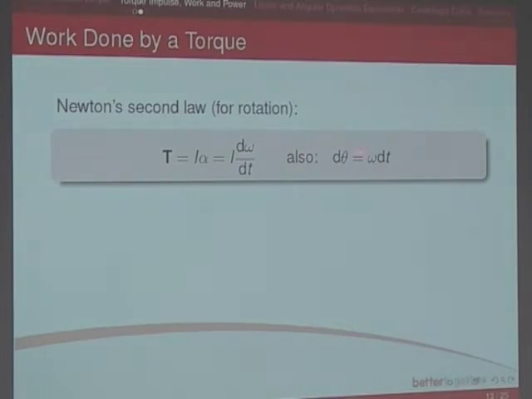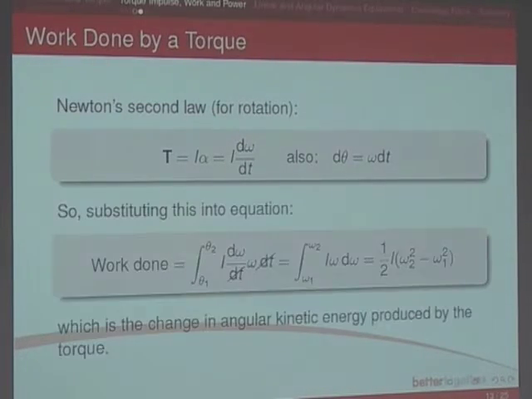Again, applying Newton's second law, we know that torque equals I alpha. So replacing alpha with d omega over dt, we've got I d omega over dt. And we know that d theta equals omega dt. Okay, so applying those substitutions, we've got the integral of torque times d theta.